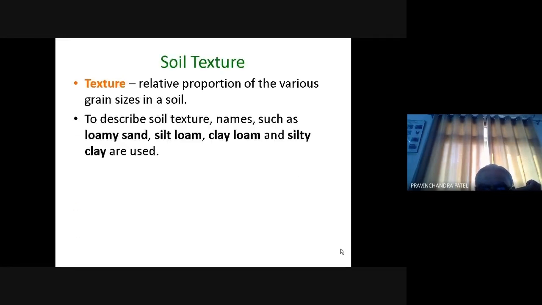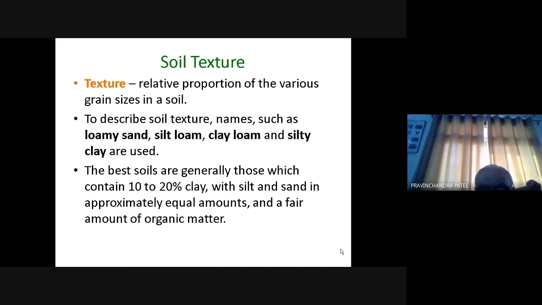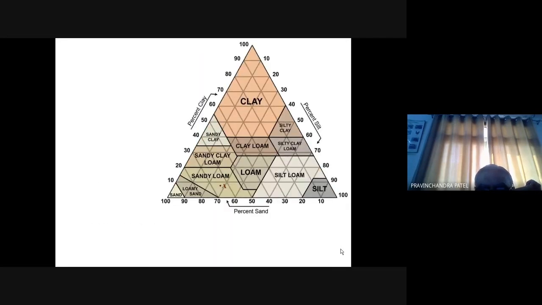And soil texture, it is similar. In clay, we have seen the triangle method. We can see the different soil classifications. So it is percent clay here, percent silt, percent sand. On the basis of the proportion of the particles, sand, silt or clay, the soil has been classified.